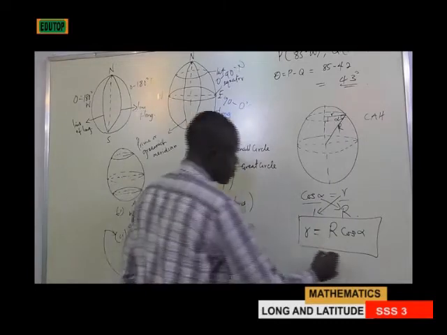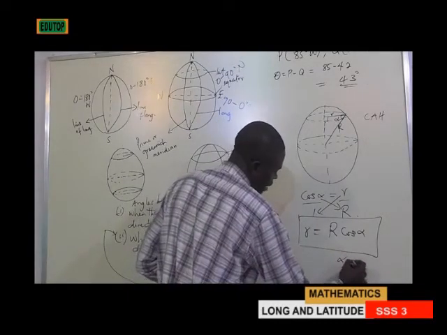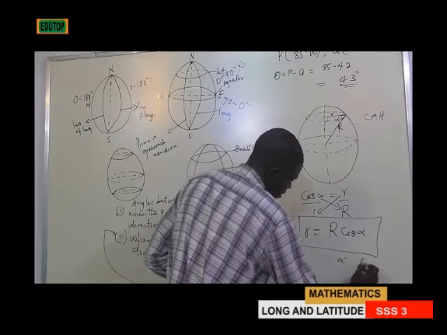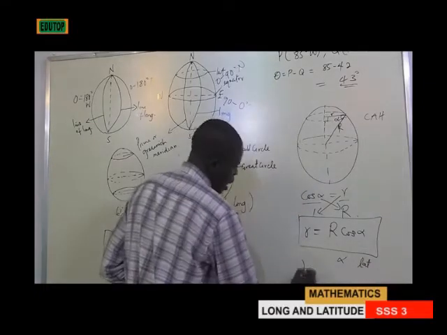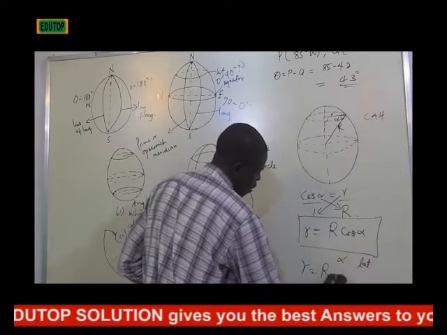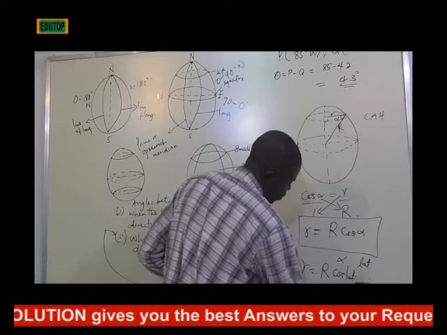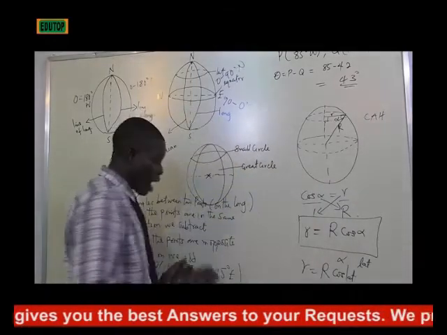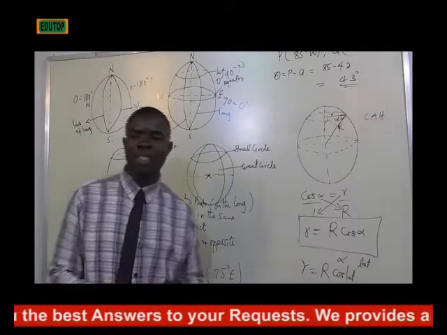Sometimes they use alpha interchangeably with lat, so I can say r equals R cos lat. You can use alpha and lat interchangeably.